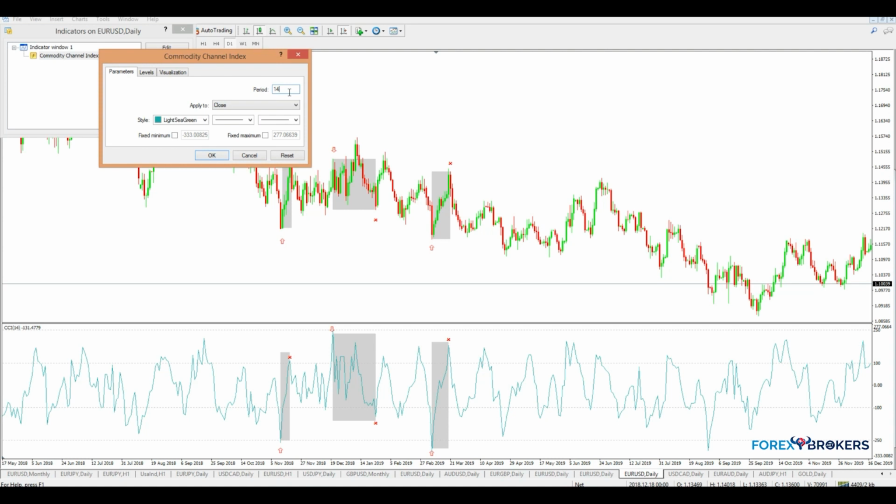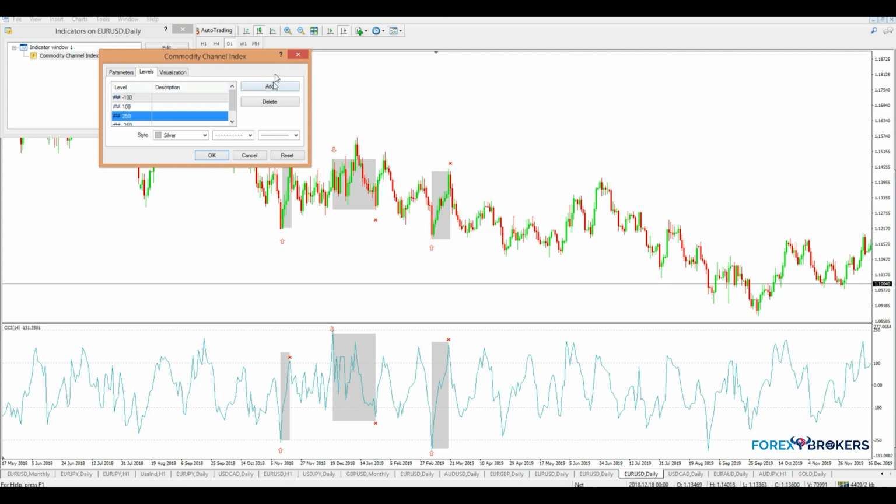The more periods the oscillator considers, the flatter it becomes, and the more difficult it is to reach overbought and oversold levels. But it was intended to be used with 14 periods, so for best results, make sure you leave it at 14. Now, if we look at the levels and we try to edit the levels, these are the levels that come with the default settings.